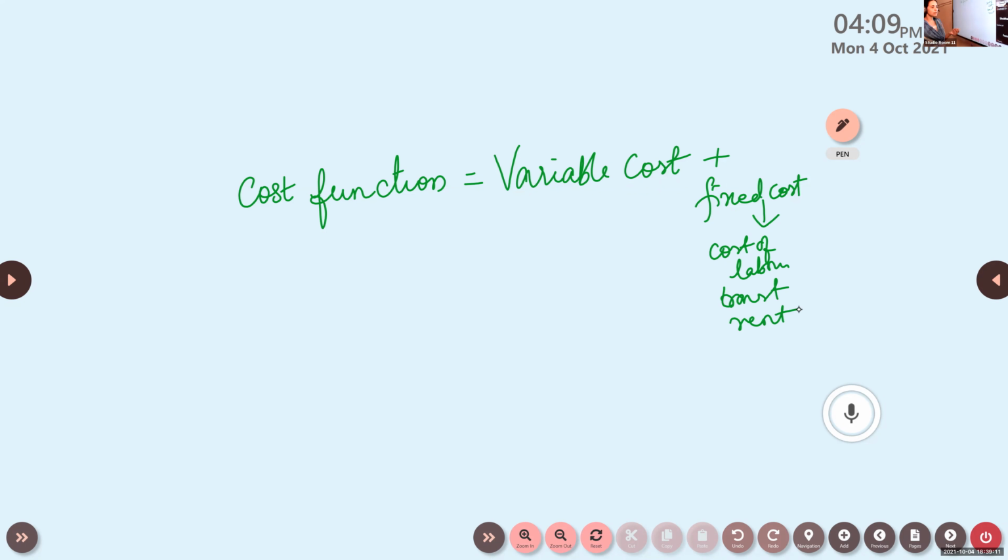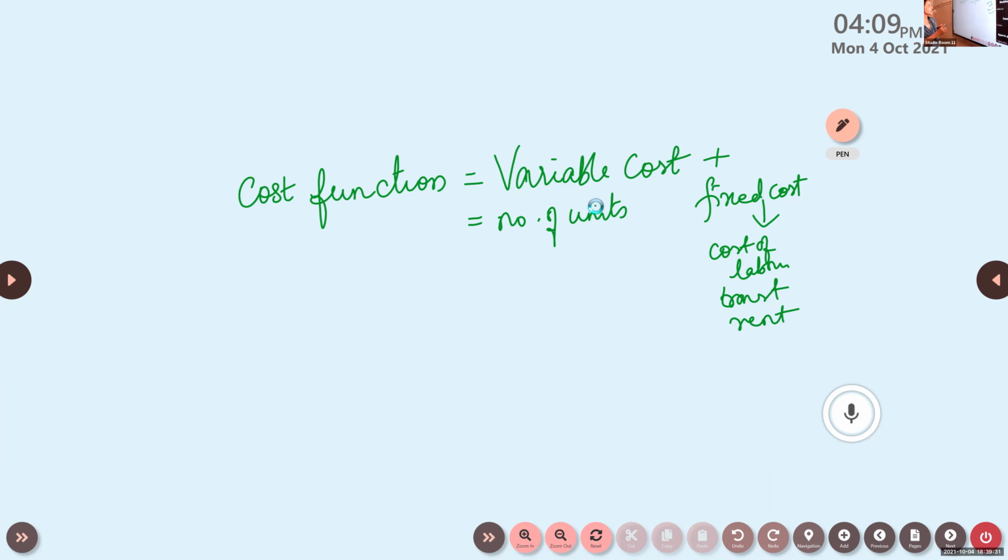What is variable cost? This one varies with the number of units produced. That is called the variable cost. So the cost function involves variable cost and fixed cost.